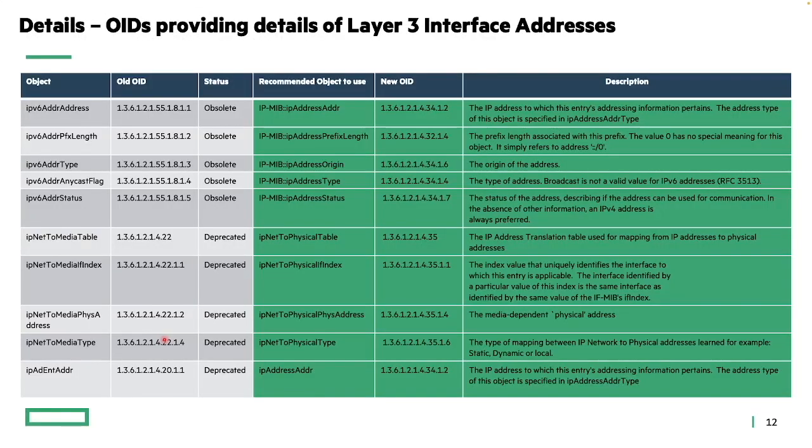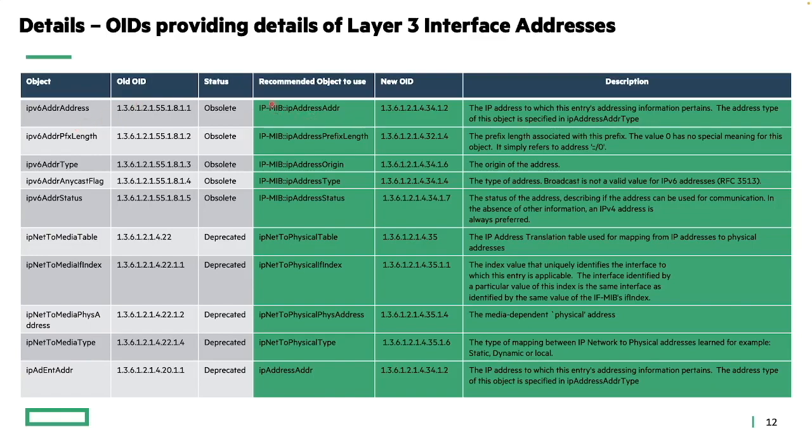Okay. You see on the screen, it's a little filled up, but it's very important to understand that on the left side of the screen, you will find the objects, the old OIDs and the status of those OIDs. These are all for your understanding of how we have new recommended objects and new OIDs which are in place and which are current, compared to the older ones.